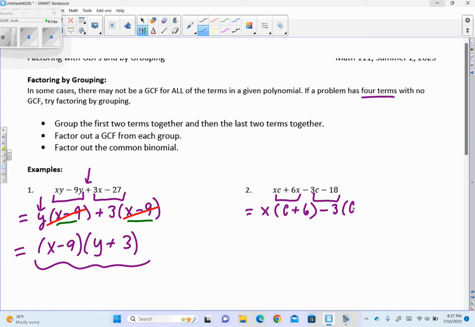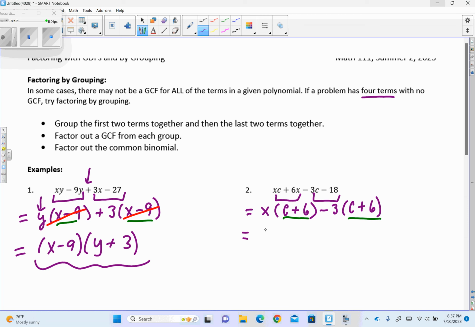Be really careful with this next sign. I've got negative 3 and I want negative 18. So this is going to be a plus 6. Another way to keep that straight is, remember we said for grouping to work that this has to happen. So if we got c minus 6 in that second parenthesis, that would probably be a hint that something was up.